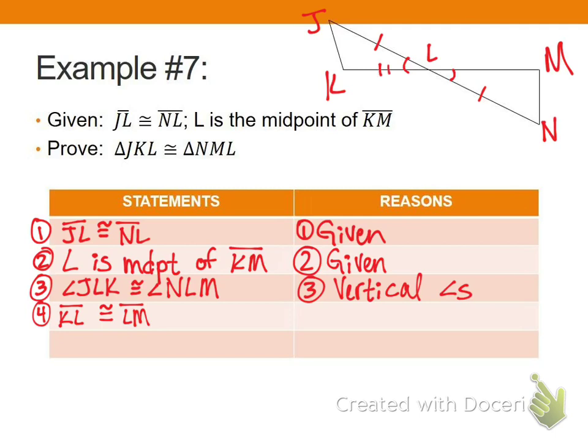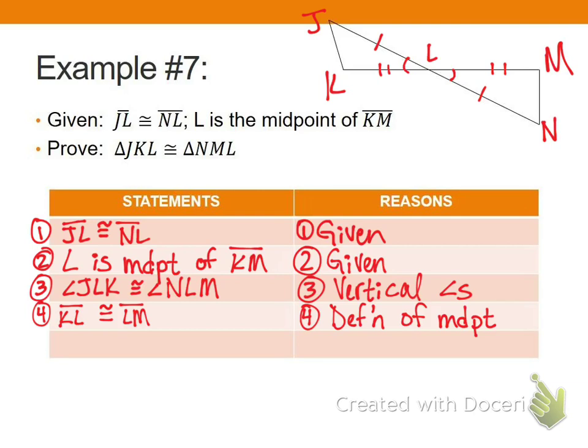So now that I've stated that, I'll mark it. What's my reason for that? Definition of a midpoint. If they give you a word that we've defined before, most likely you're going to use its definition at some point. And I'm okay with shortening up some of these words a little bit. Okay, now don't put D period O period M for definition of a midpoint. I'm not going to know what that means.